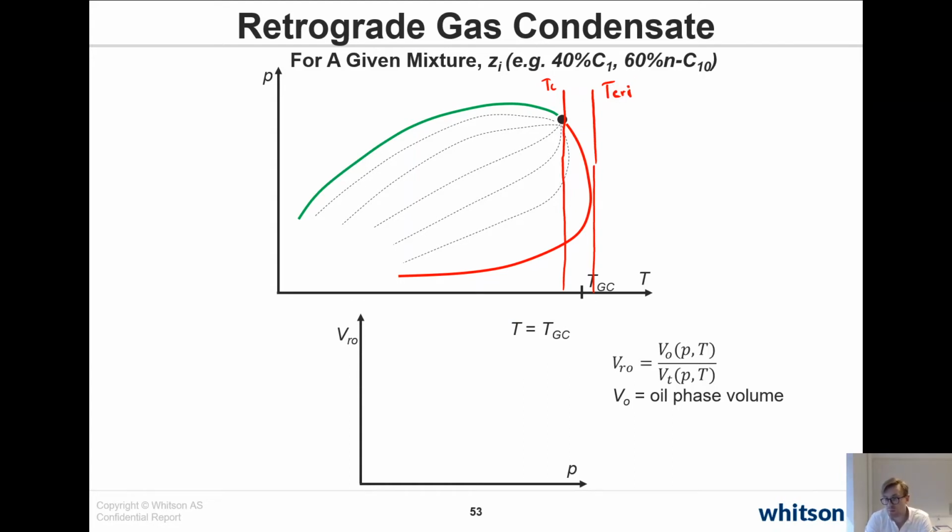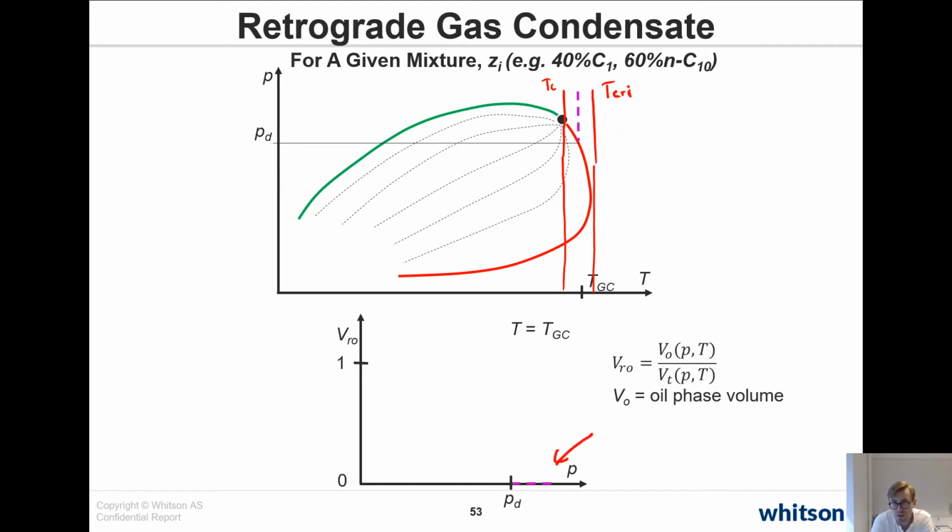That means that, by definition, as we talked about earlier, we have a gas condensate reservoir, and above the so-called dew point, PD, we know that the relative oil volume should be 0 because there's only gas there, which we see down here.